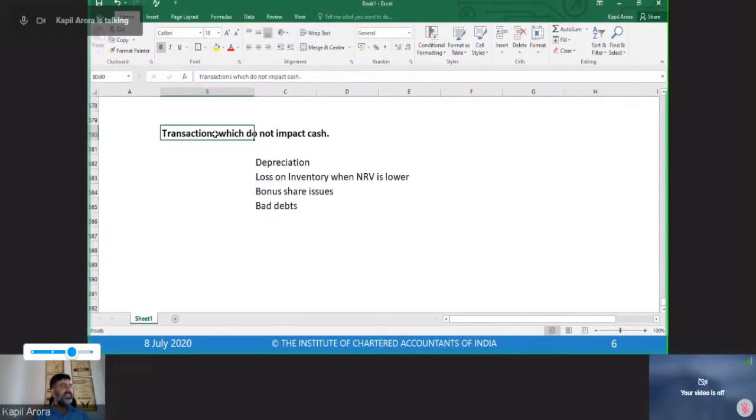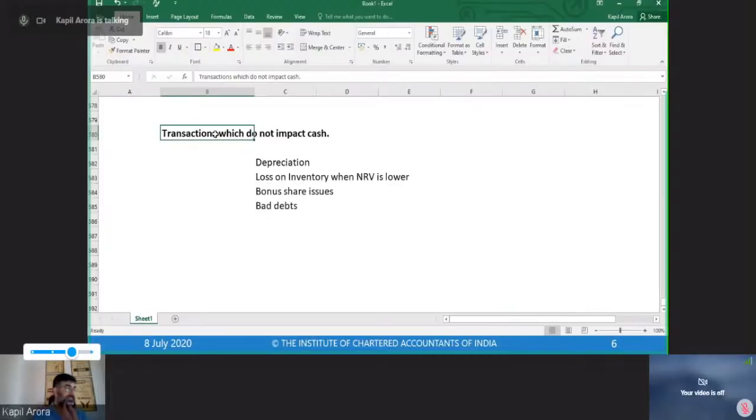Purchase or sale of a fixed asset: I have to pay money for purchase of the asset, and I will get money for sale of the asset. So all these things may have some cash impact here.